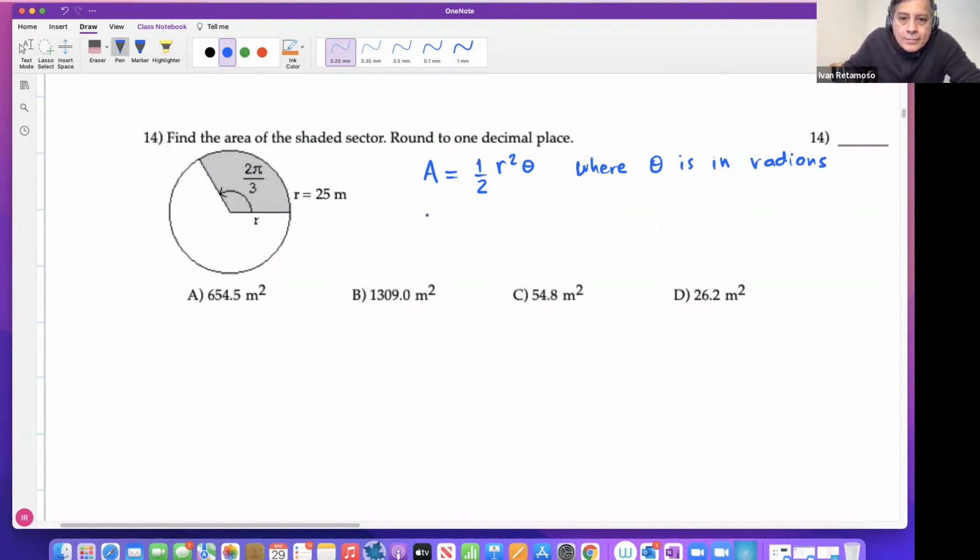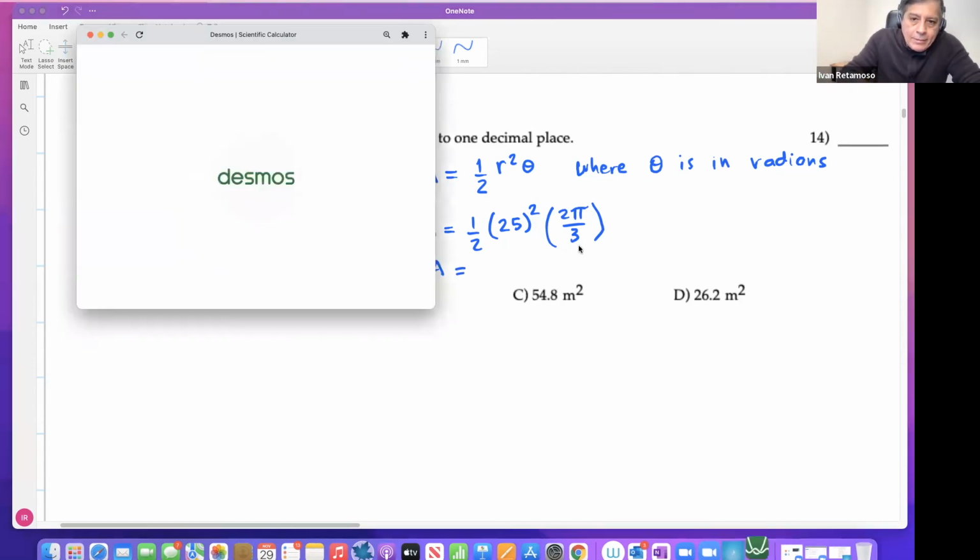All right, so let's do the computation. This will be 1/2 times the radius. The radius is 25 meters, squared, times theta in radians. Theta, fortunately, is in radians already, so just put it in here and do this computation. Area equals, let's take the calculator.